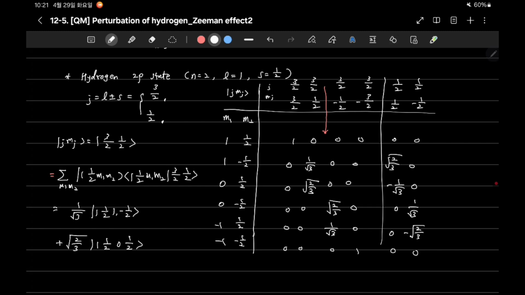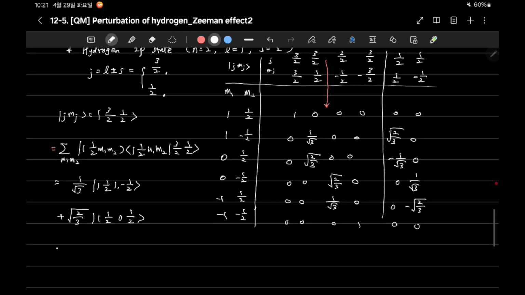Another example is the 1/2 and 1/2 case, where the non-zero terms come from this term and this term.